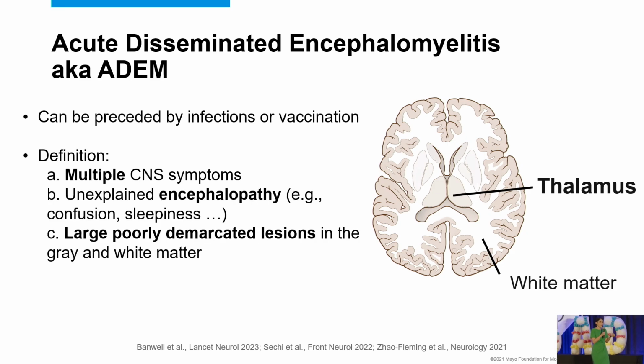This is the medical definition. You can have many symptoms altogether. As Dr. Chen was mentioning, it does not only involve the brain, but sometimes you can also have an involvement of the optic nerve or of the spinal cord. There must be some unexplained encephalopathy. So what does encephalopathy mean?